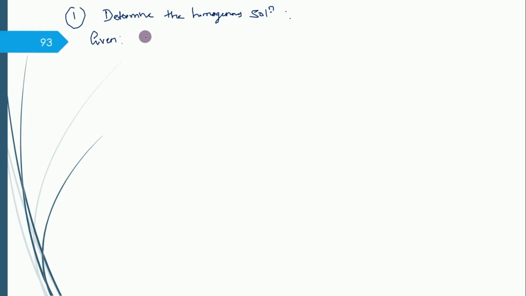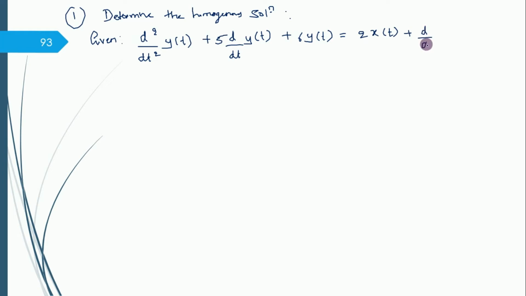Given is a differential or difference equation: d square by dt square of y of t plus 5 into d by dt of y of t plus 6 into y of t is equal to 2 into x of t plus d by dt of x of t. This is the question given.